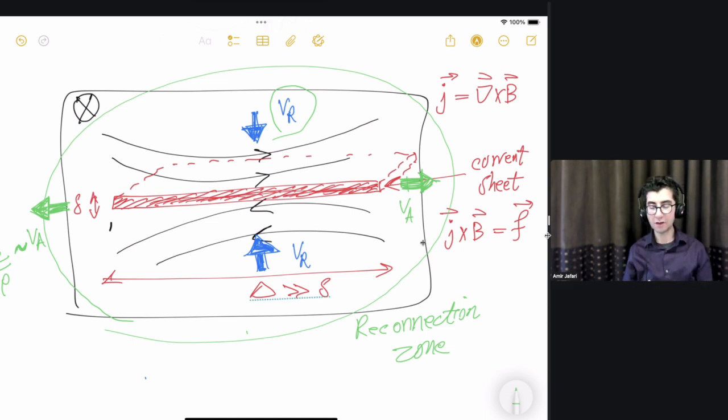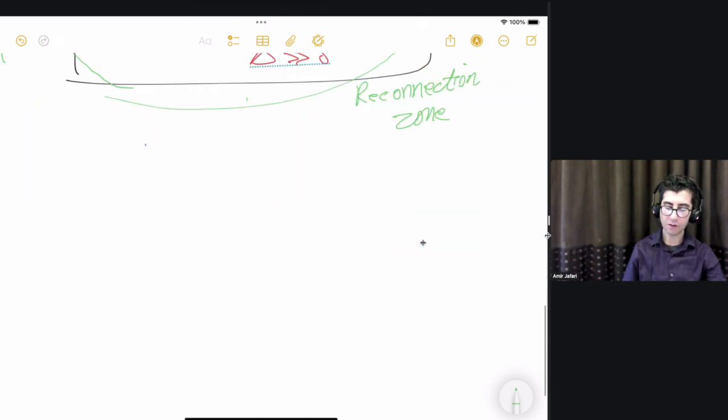It's usually very fast. Although you have stationary reconnection models as well, in many situations, in accretion disks, in the solar wind, etc., you have this reconnection event as a rapid, fast process. So what you see is something like this.